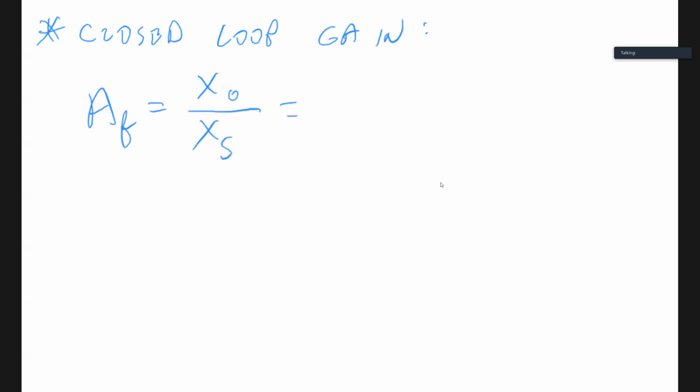And if we look at the previous relationships that we had stipulated, that can be written as A divided by 1 plus A beta. And here, the quantity A beta is defined as the loop gain.